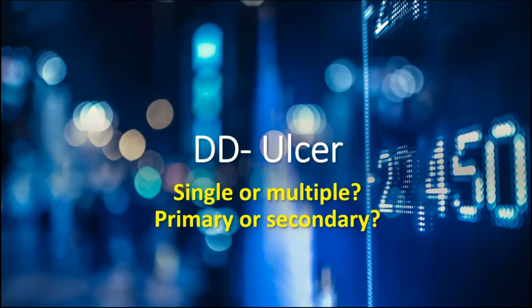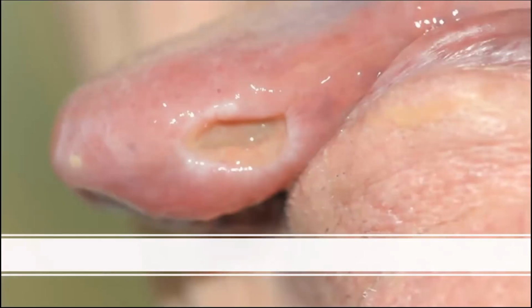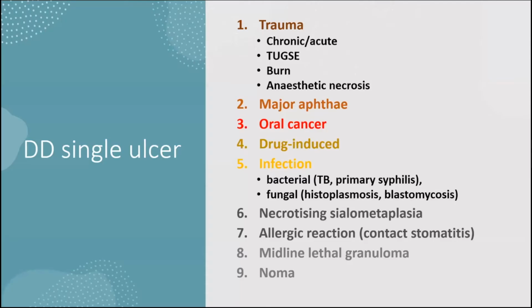I've prepared slides for both, so you can refer to both and pick the one that is more convenient for you to learn and remember. So, single ulcer. The most common reason for a single ulcer in the mouth is trauma, okay?